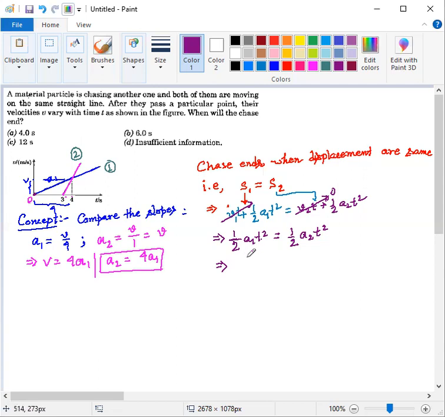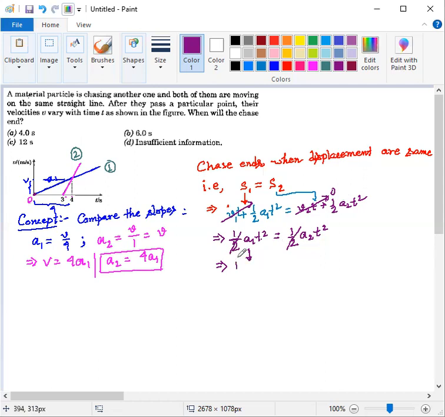Then this equation will take the form: the half and half will cancel out, but these two t are not same, so we cannot cancel out these two times.